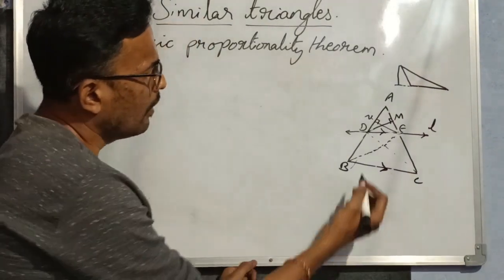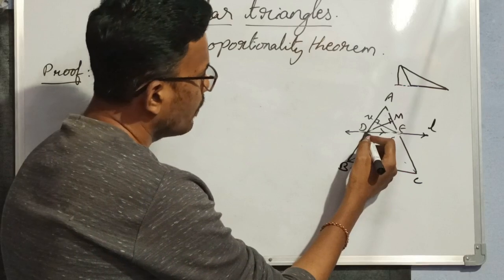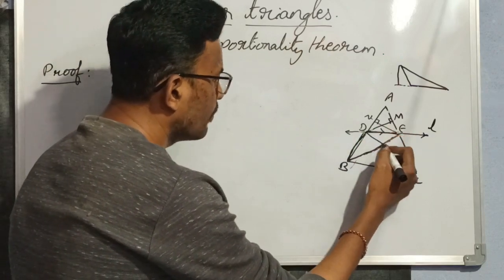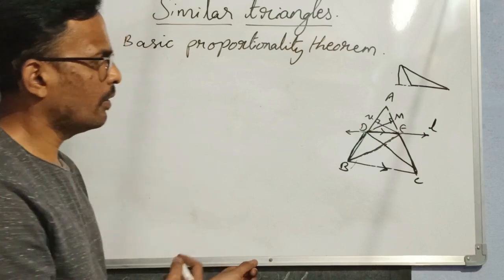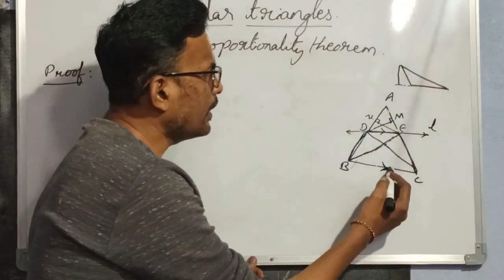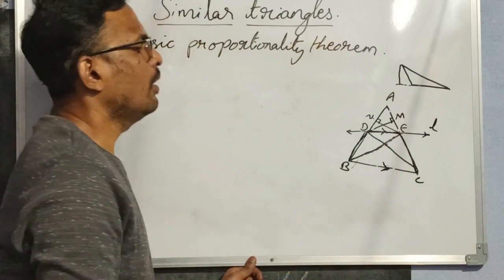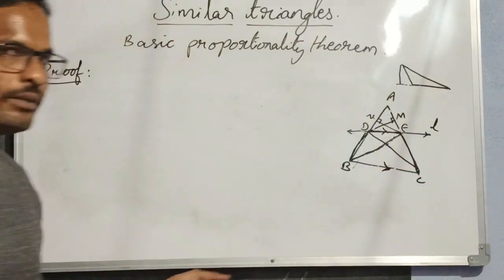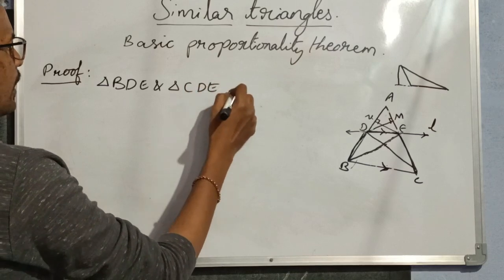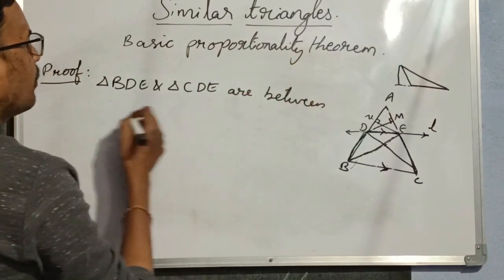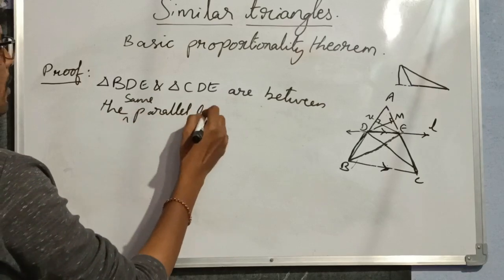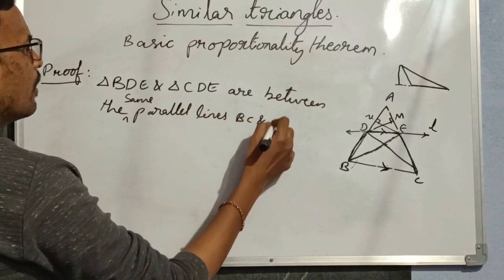Now if you observe clearly, triangle BDE and triangle CDE are between the parallel lines BC and DE.